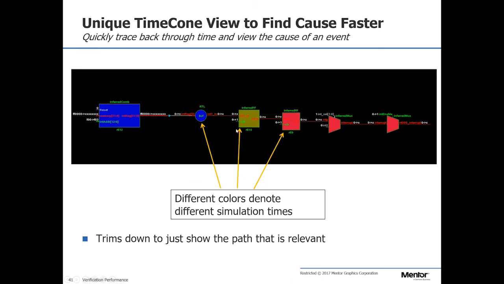So I get to look back through sequential logic, but view it all as what caused this to go to X. It's a much more efficient way to debug back through your data path, because it is aware of all the sequential logic.